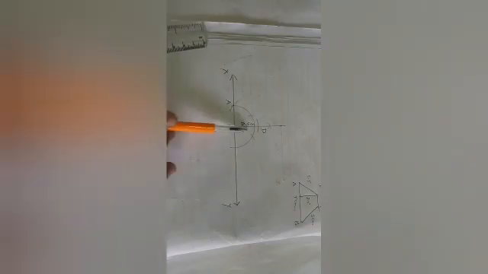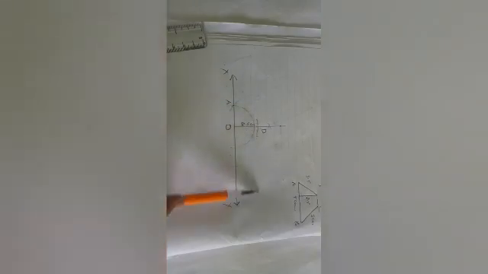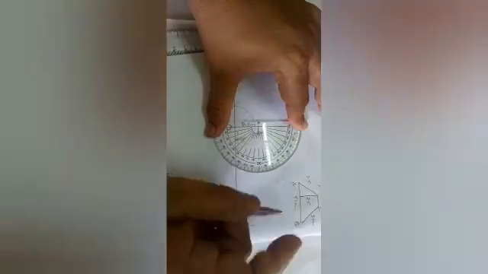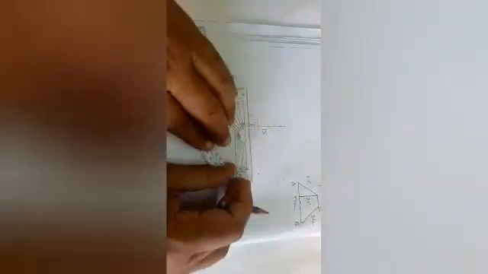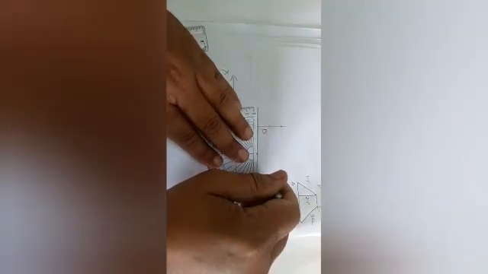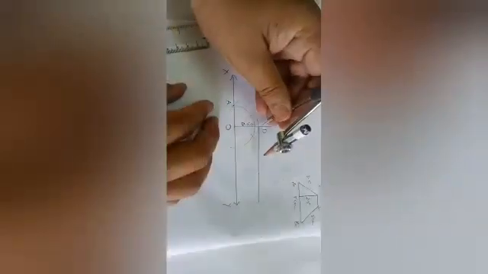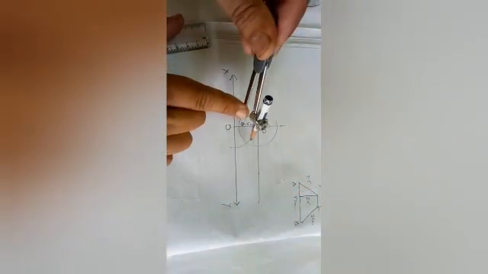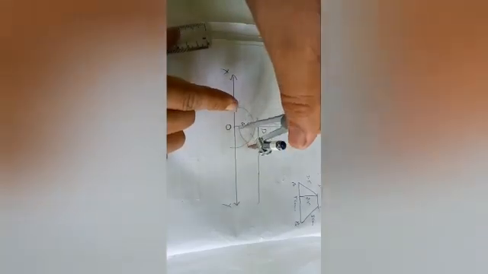Now, in the same way as we drew a perpendicular from point O, we have to draw a perpendicular from point D also. You can use both. Draw a perpendicular. I am showing you both how to do it. In the same way, from point D, draw a semicircle and cut an arc.